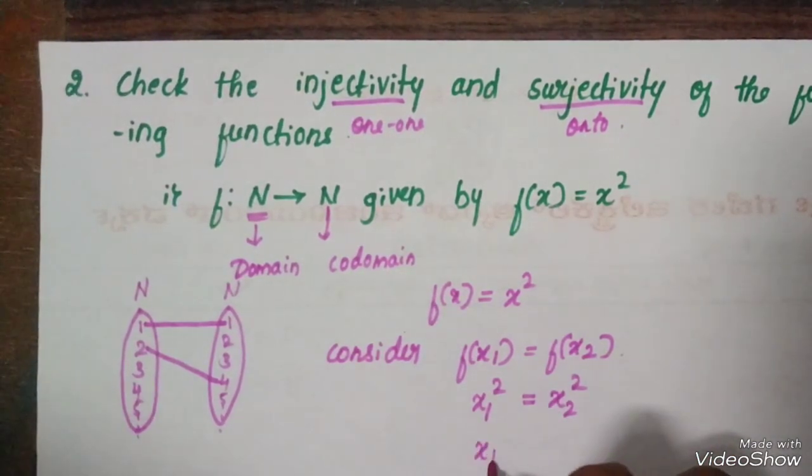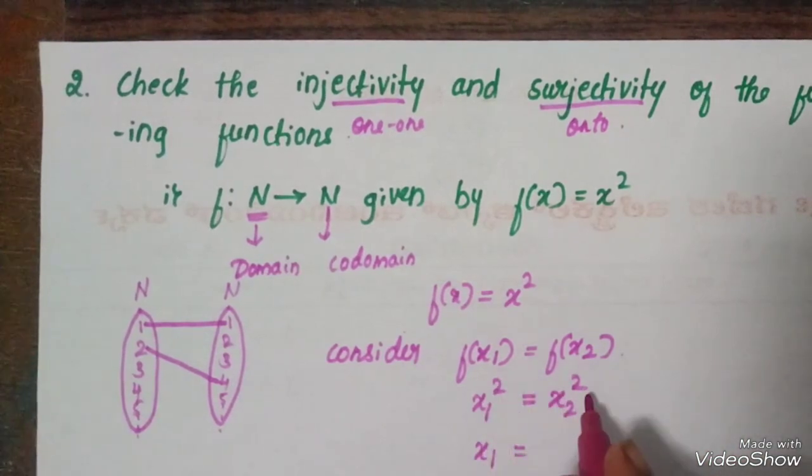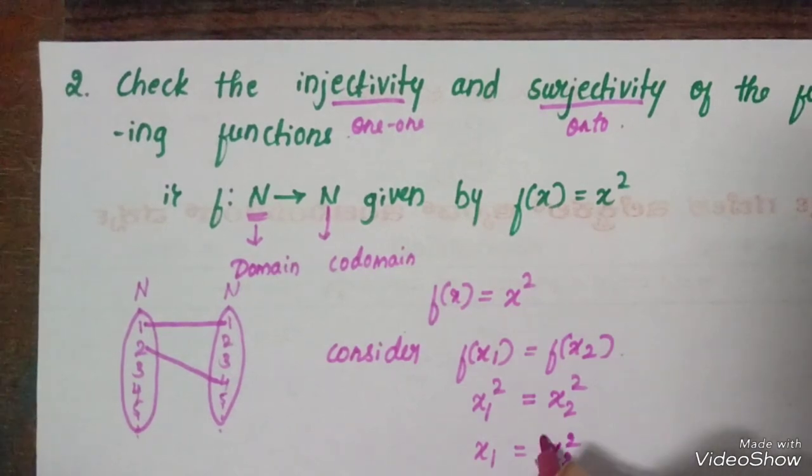So x1 equals, taking the square root on both sides, the square and the root get cancelled, x1 equals plus or minus x2. That is, x1 equals x2 or x1 equals minus x2.